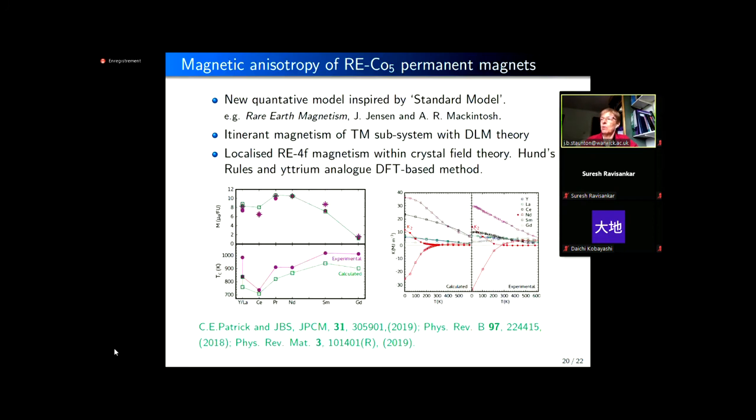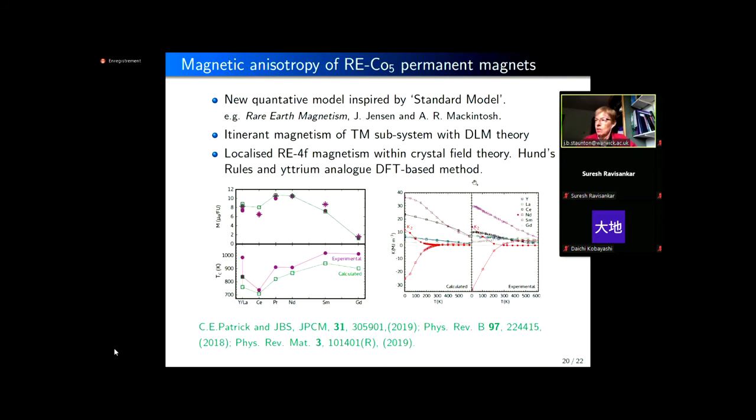Next stage up was to see how we could deal with the complicated F-electron strong correlations for these other more appropriate, more relevant rare earth lanthanide metals, so neodymium, samarium, and so forth.